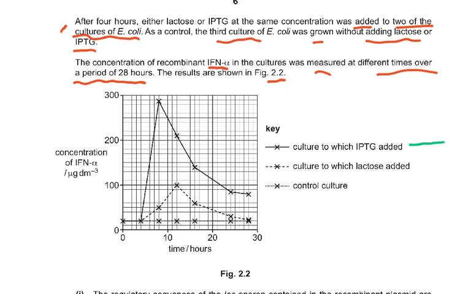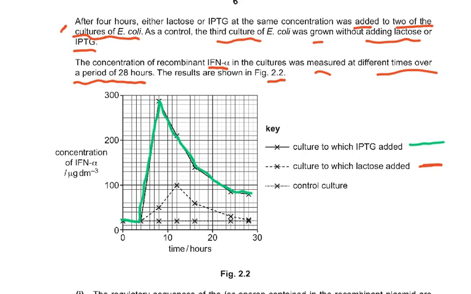This one here is here. So I'm just going to color it so that you can then make your assumptions about it. Then the culture to which lactose was added, this is red. This was which one?